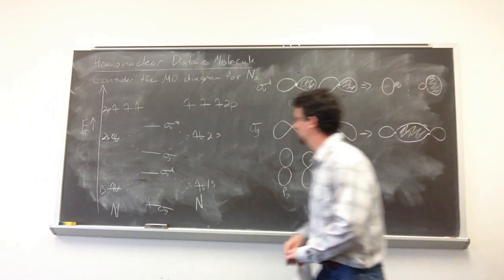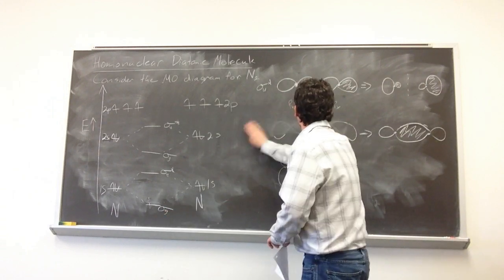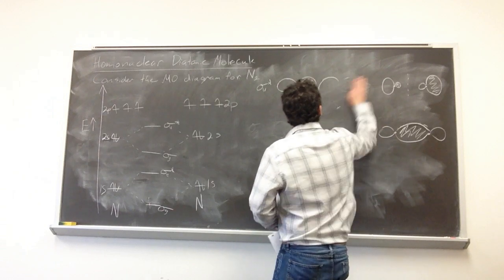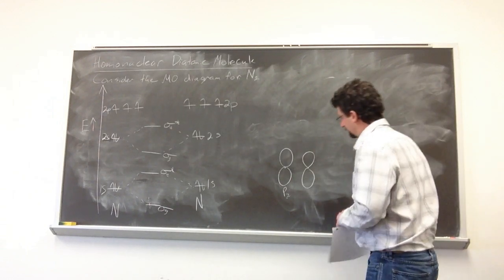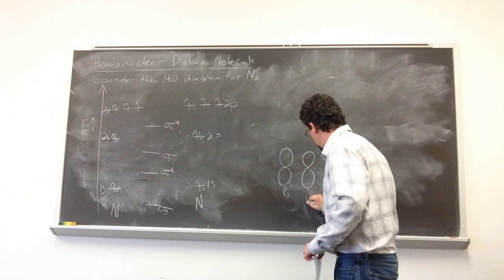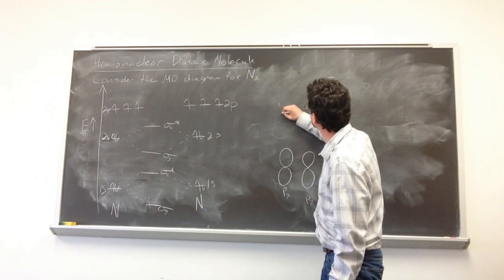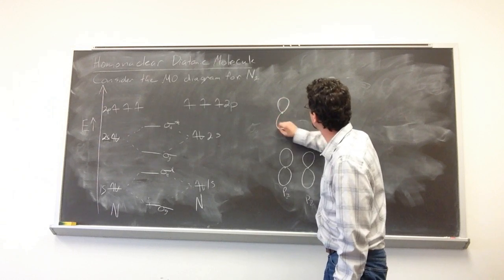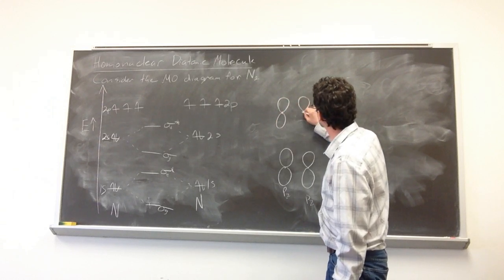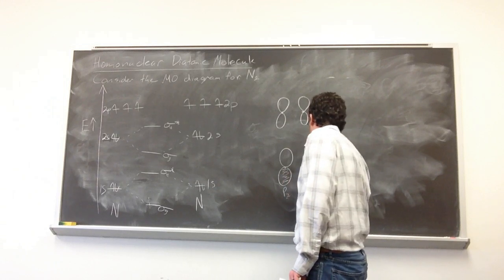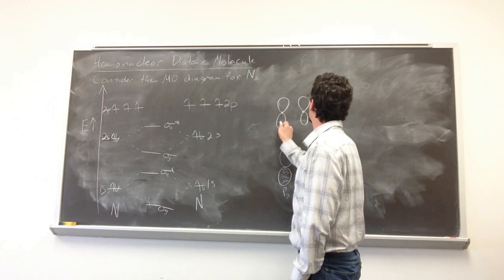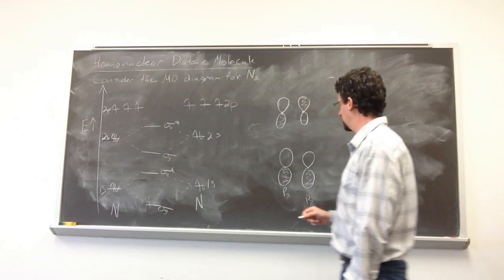I should have given myself a little more space, so we're going to erase this. So we have pz, and another pz. We can have where there's no sign change between the two, and then we can have where there is sign change between the two.